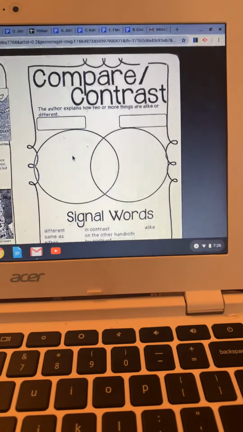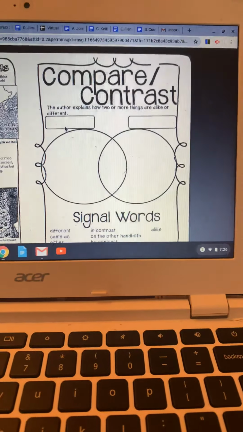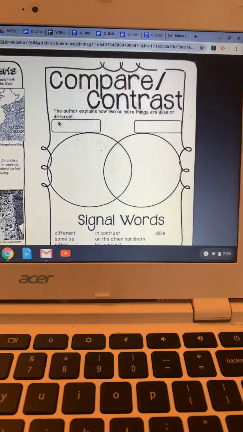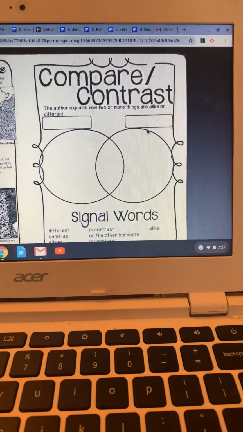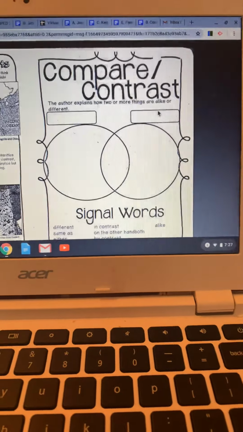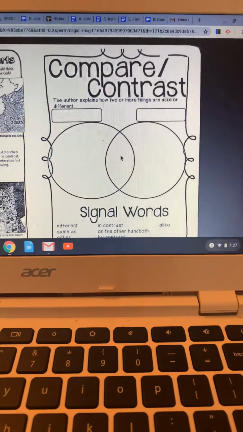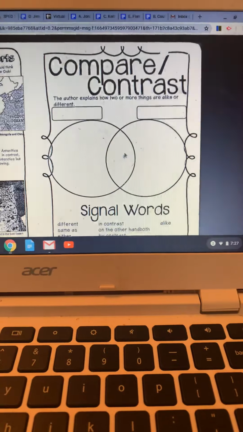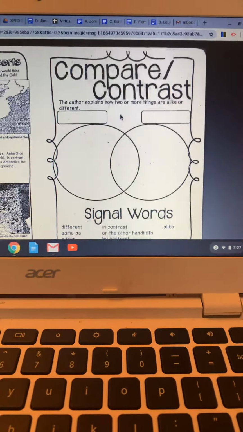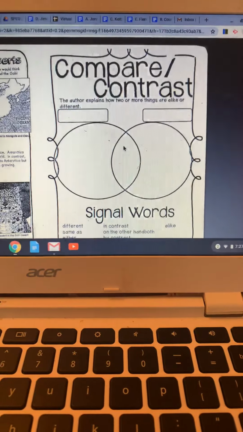on a Venn diagram, right up here, you're going to write down Antarctica, because that's the desert, and then over here on the other one, you're going to put the Gobi Desert, or you could do it the opposite, Gobi and Antarctica, okay? In the center of the graphic organizer, you're going to find something that is alike. Probably, I would say at least two or three things, if you can fit it in there.